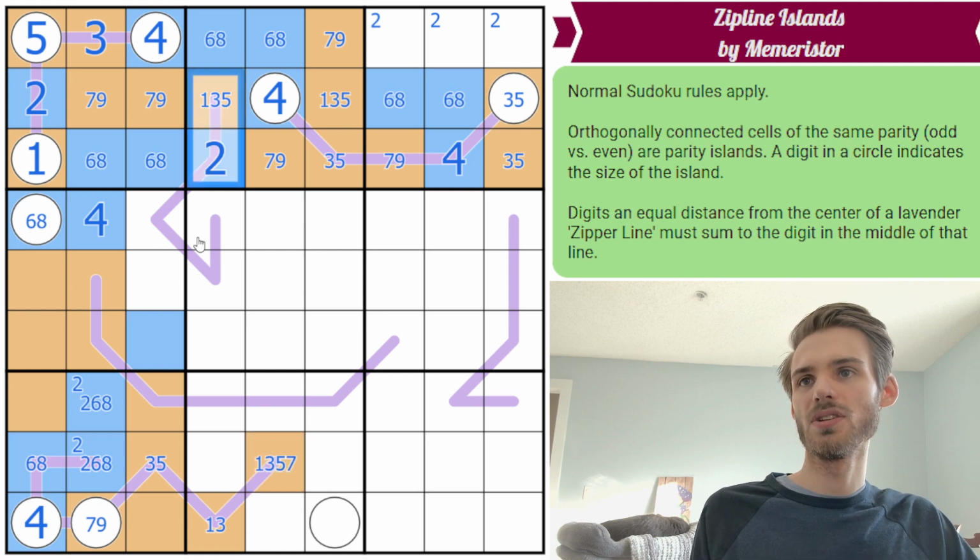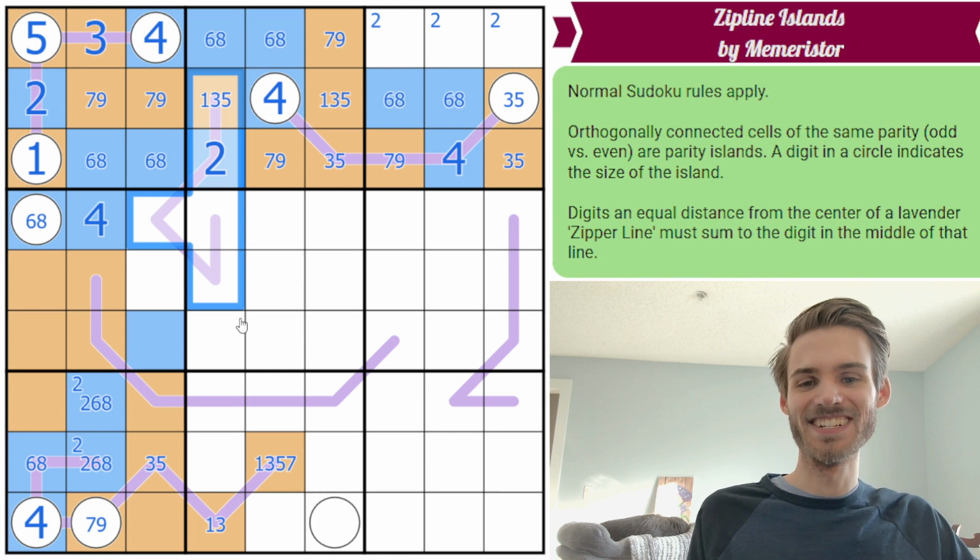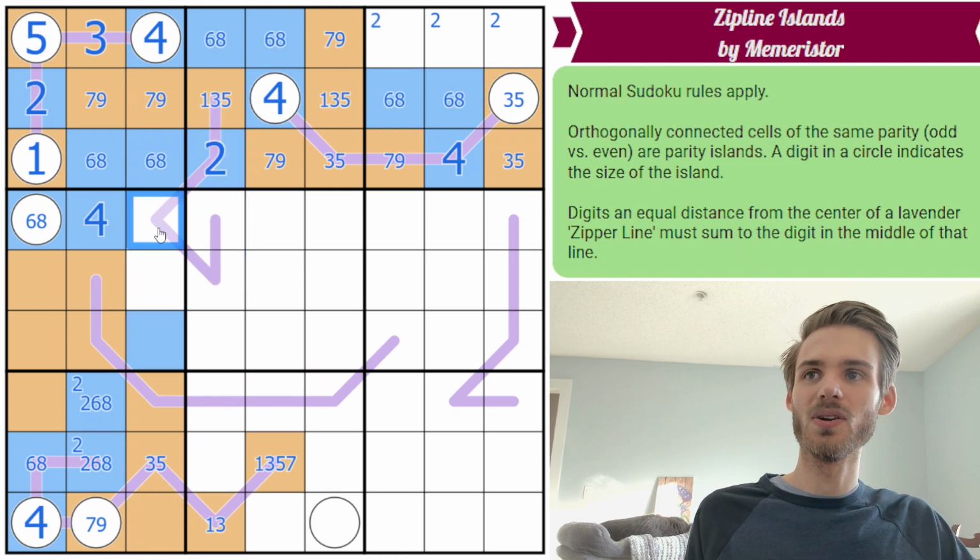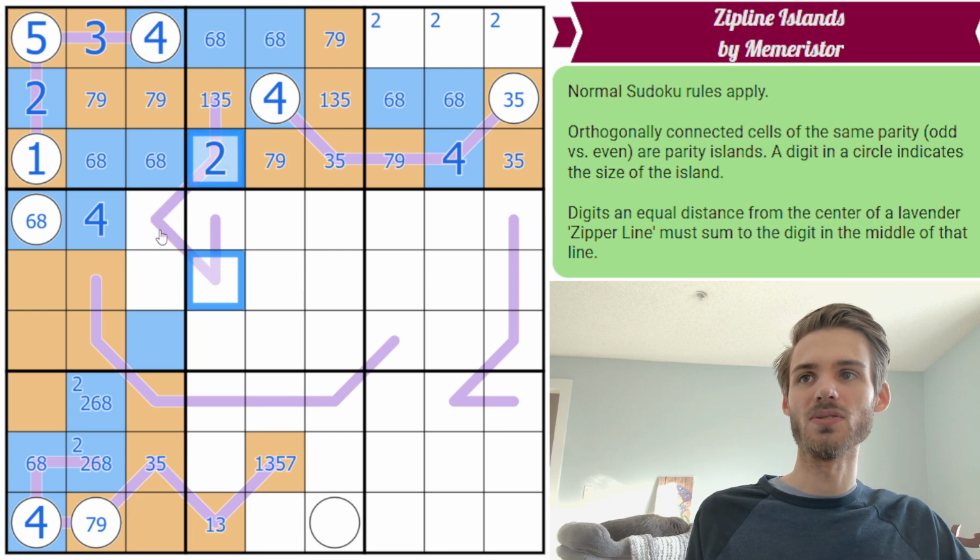Now we turn our attention to this zipper line, which didn't exist before, but now it does, and it makes everything a little bit easier. The fact that this exists means that if this is an even digit, then this will have to be an even digit. If this is an odd digit, this will have to be an odd digit to make those two sum to odd. The opposite is true here.